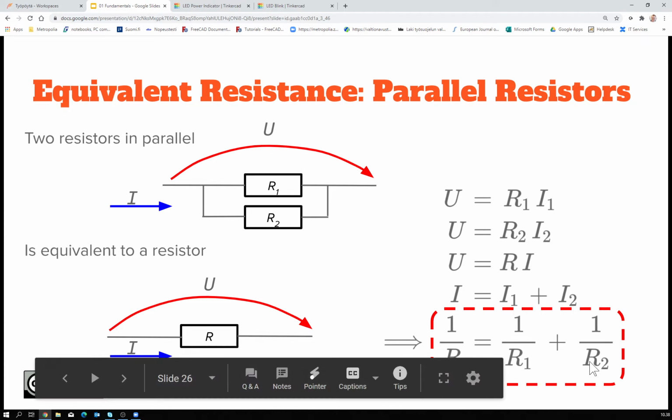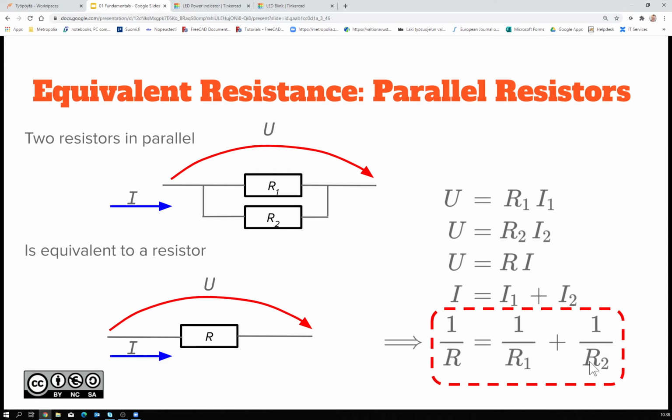It ends up being a little bit awkward to handle these kinds of things, but the conductances are summable in this parallel resistor system.